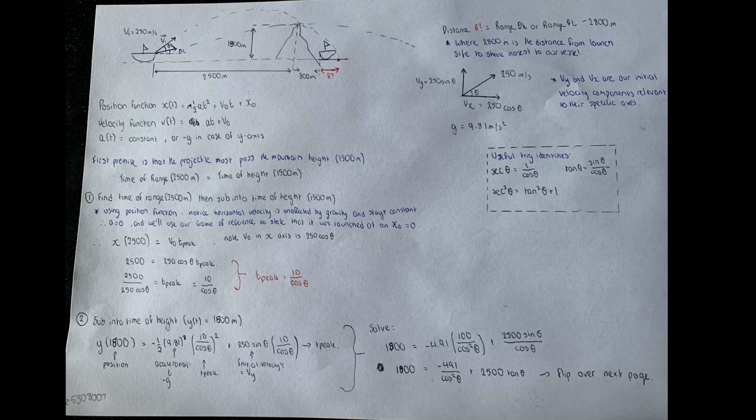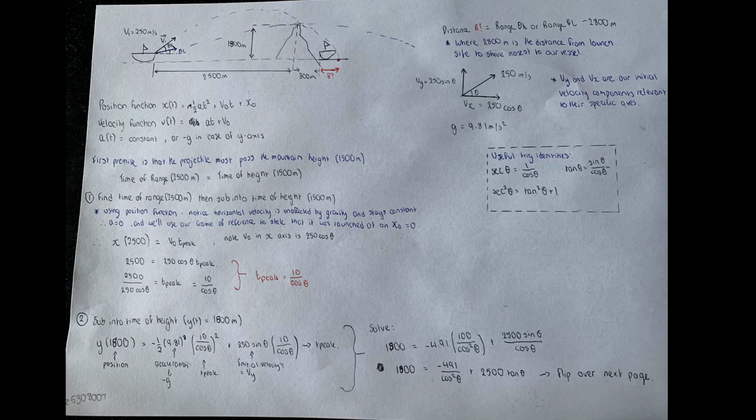Using the position function, we should notice that the horizontal velocity is unaffected by gravity and therefore stays constant, which renders the acceleration equal to 0. We'll also use our frame of reference to state that it was launched at an x0, or an initial height, of 0. From there, the positional range of 2,500 is equal to the initial velocity times the time peak, because time peak is the time it takes to cover 2,500 meters.